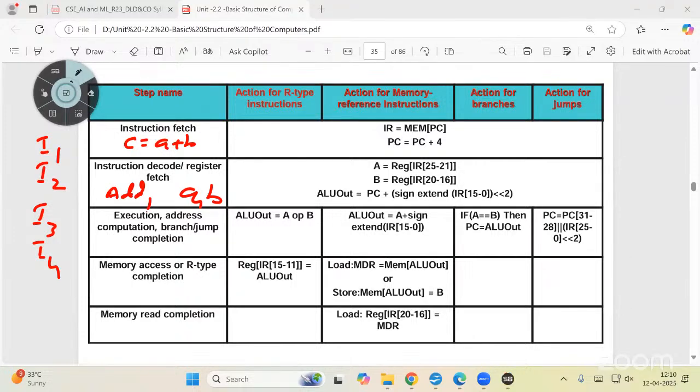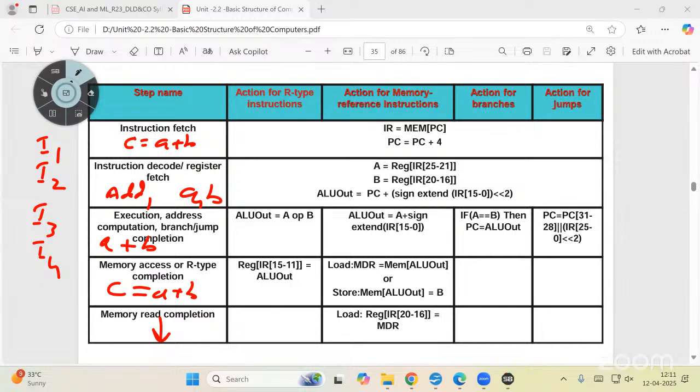Now here perform A plus B. Execute the instruction. After executing the instruction, assign this value to C is equal to A plus B. Here we are adding, and that value is assigned to C. Next, after loading into memory, if you want to display, you can read from the memory.